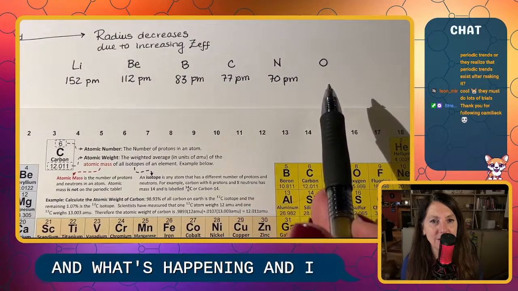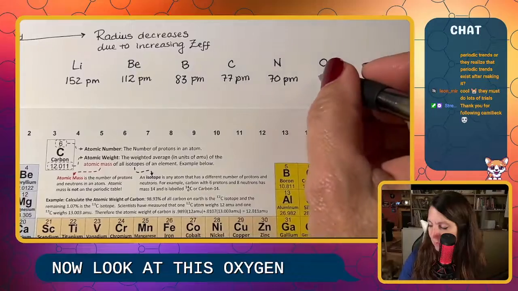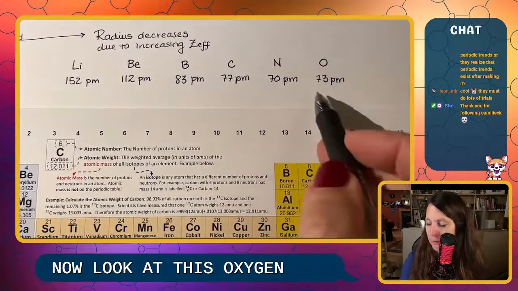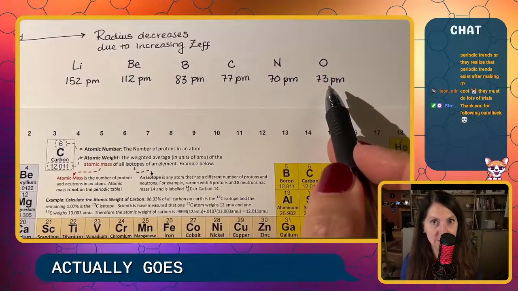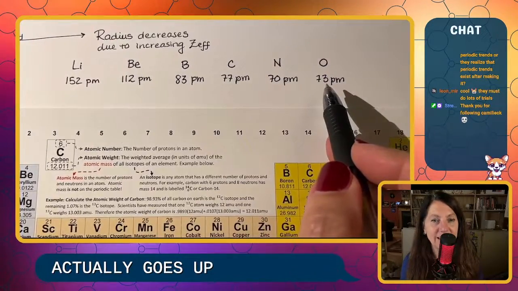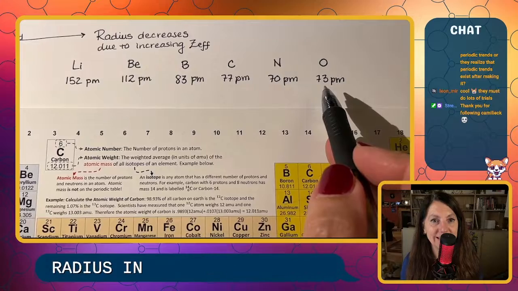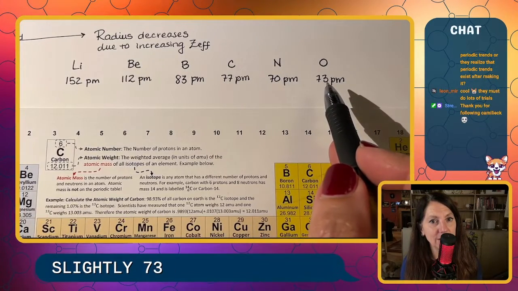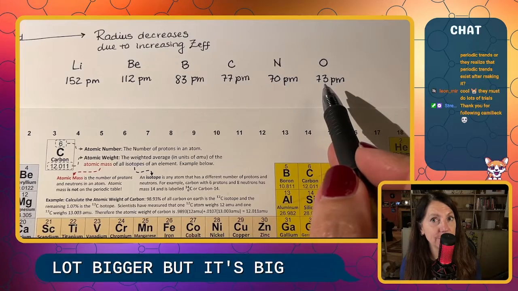And now look at this oxygen. It actually goes up. That radius increases ever so slightly. It's 73, so it's not a lot bigger, but it's bigger.